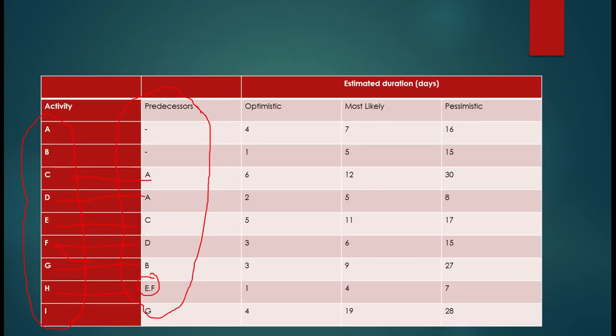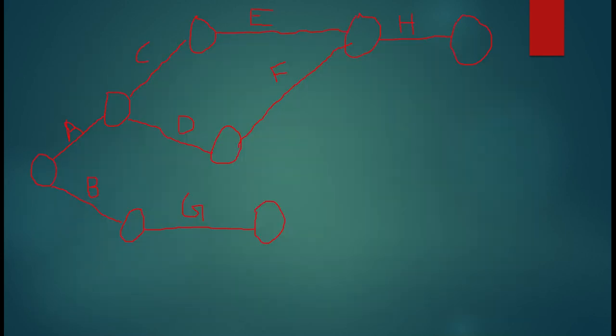Next we have I. I's preceding activity is G. Okay. So where G is ending, I will start I from here. So I can make I like this, right? But then what would be the problem? We will have two endpoints, H and I. And in a network, there has to be only one starting point and one endpoint.